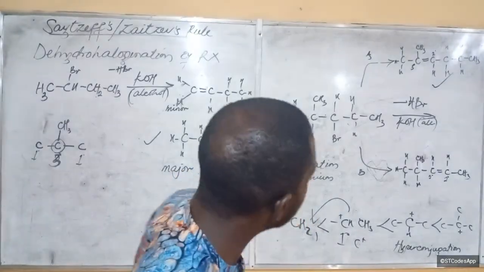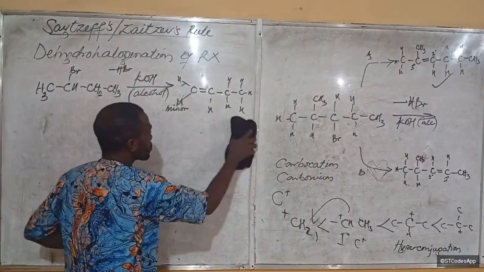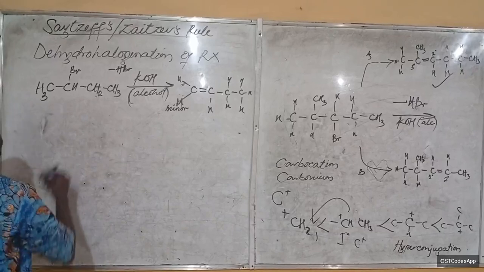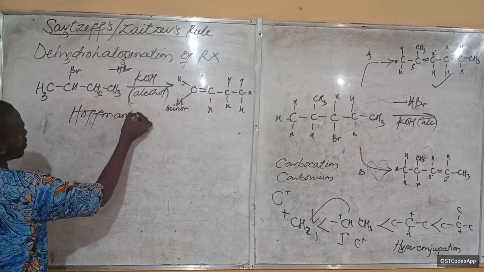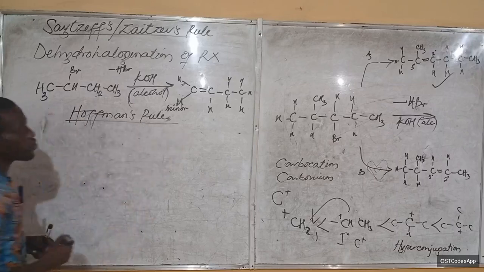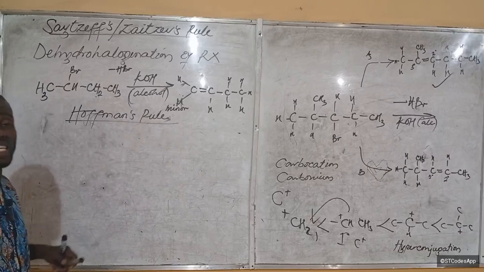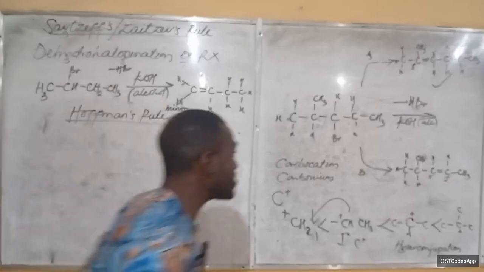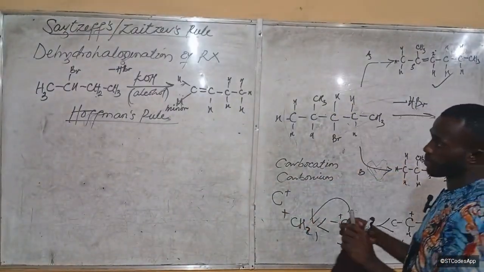Now let's go to the negation to this rule. What is the negation to this rule? The negation to this rule is called Hofmann's rule. Now what does the Hofmann rule say? Hofmann's rule says that this is true, but in a case where there is a heavy or bulky group.